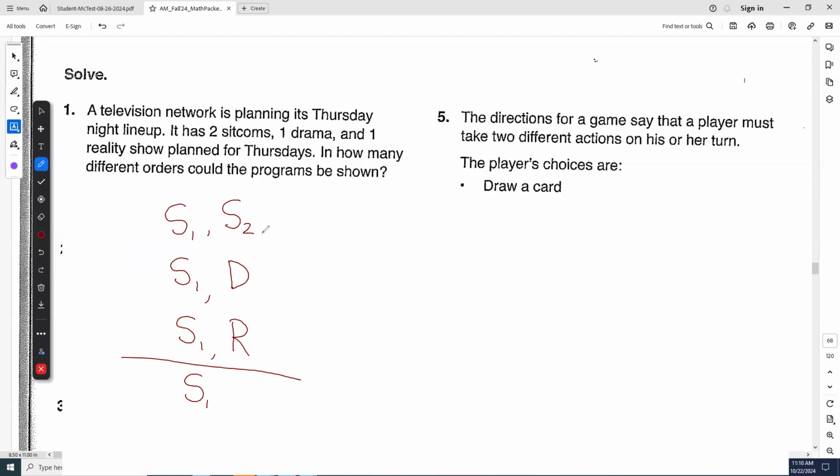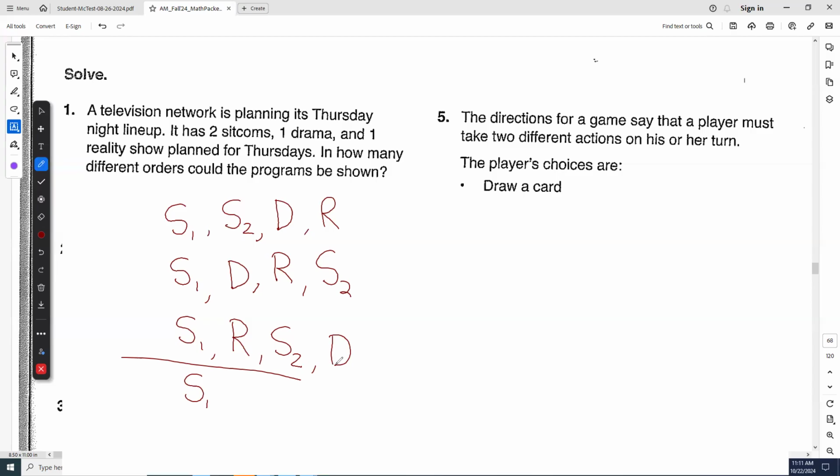Okay, and then we have to do drama, reality show, sitcom 2, and reality show. All right, so we know that for each show, right, we have 3 combinations of lineup, right?